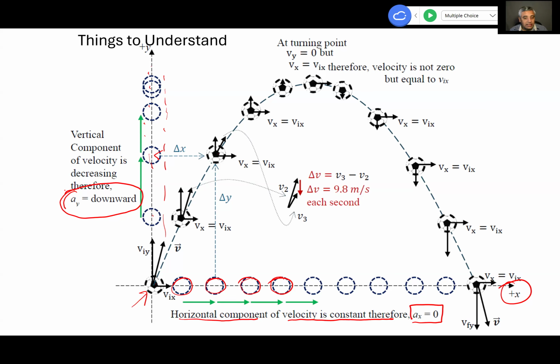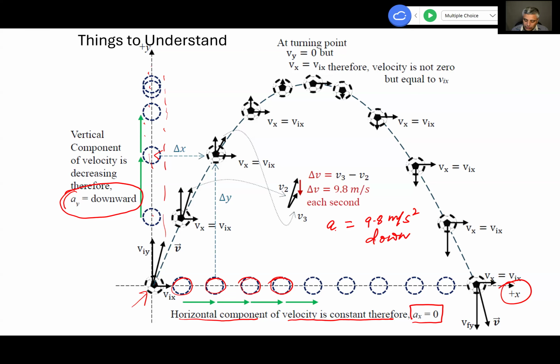That means in free fall, acceleration is always downward, and the value of that acceleration is 9.8 meters per second squared, the same as in the free fall situation we had. Basically, it's in free fall in the vertical direction, so that's the acceleration.